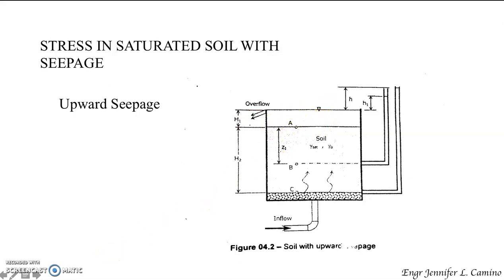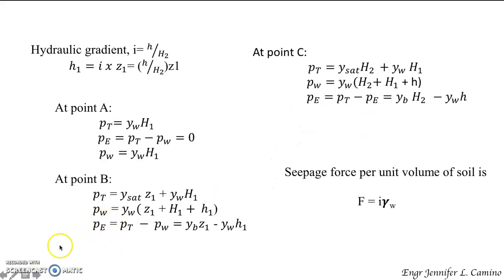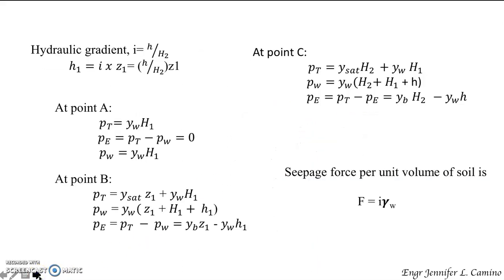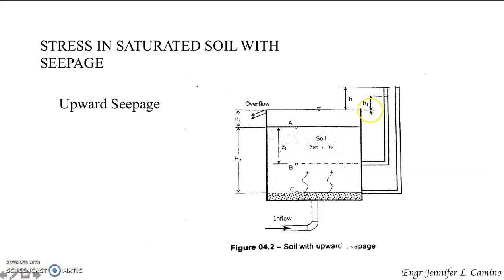And the pore water pressure at point B would be H1 plus Z sub 1, plus small h1, since this is connected to the standpipe, times the unit weight of the water.